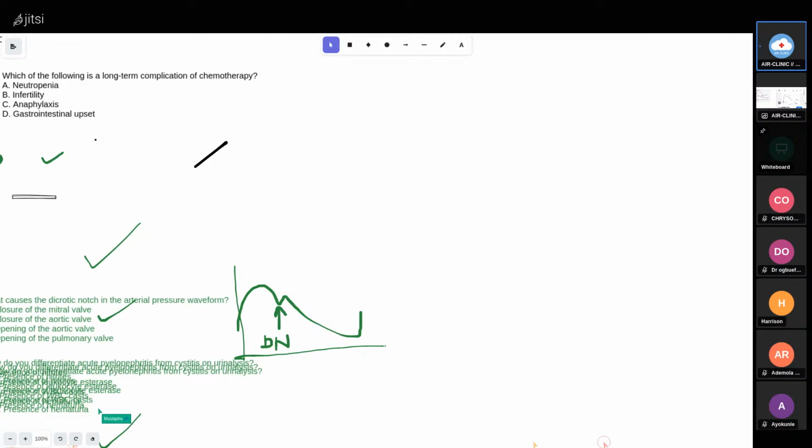So in 70% of cases, the supply to that AV node is going to be coming from that right posterior descending artery, which is actually a branch of the right coronary artery. So in 70% of cases, the AV node is going to be supplied by the right coronary artery. In 20% of cases, the AV node is going to be supplied by the left coronary artery.